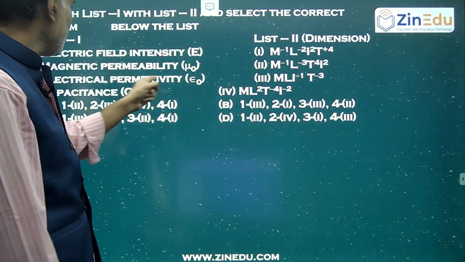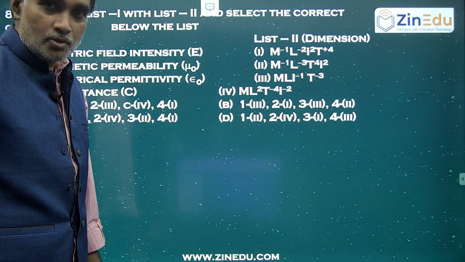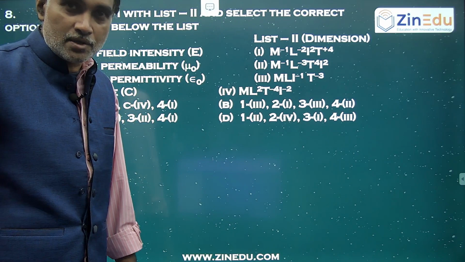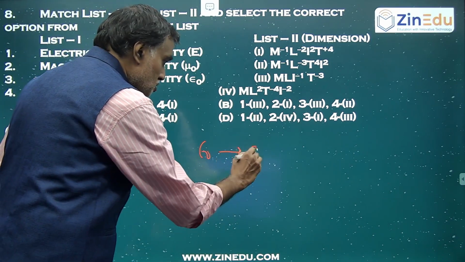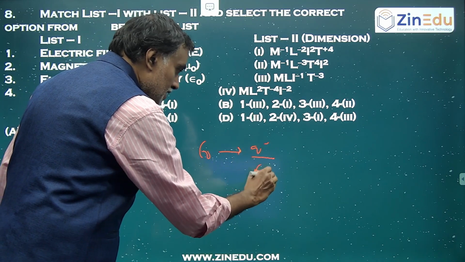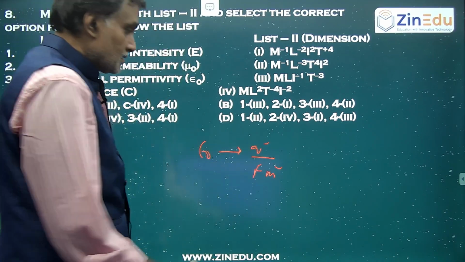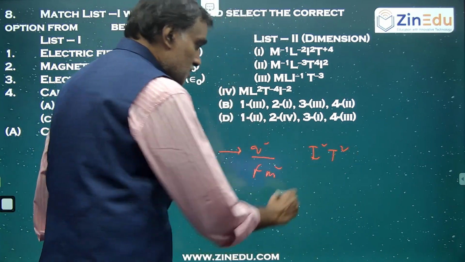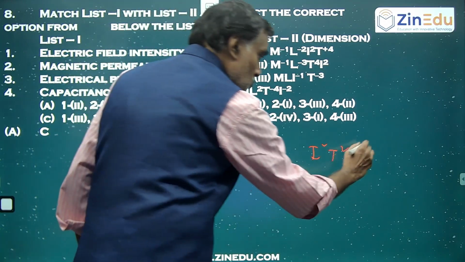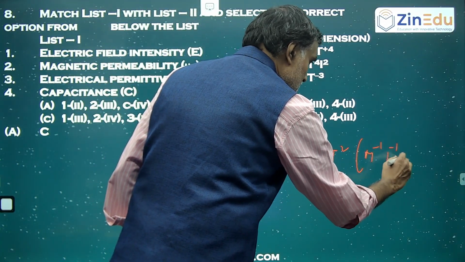For permittivity epsilon naught, what are the units? q1 q2 by 4 pi epsilon naught r square is force. What is epsilon naught? q square by force and meter square. So q means IT, that is I square T square by force, that is M L T minus 2, M minus 1, L minus 1, I will get.